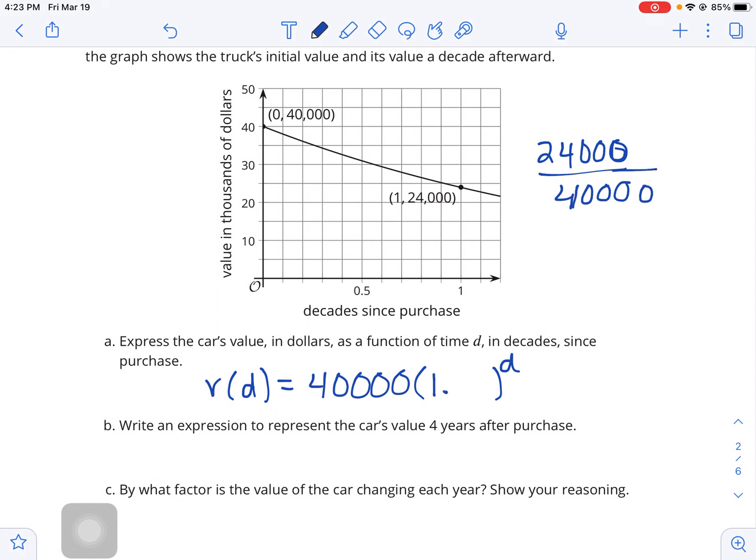So the multiplier here is, I'm sorry, it's not 1.6, it's 0.6. So after a decade, the percent decrease was 40%.